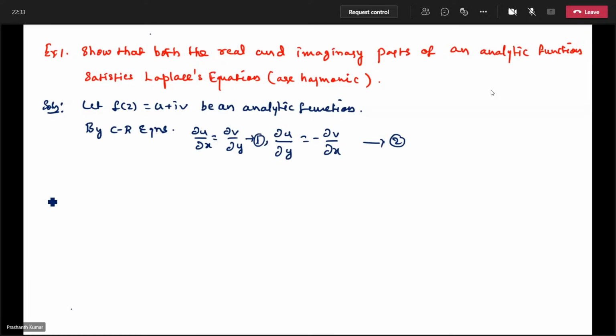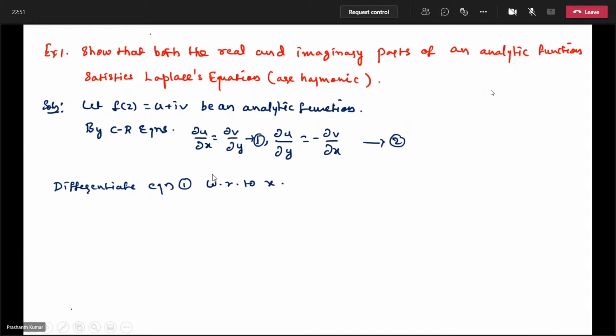So then we differentiate equation 1 with respect to x. What happens?